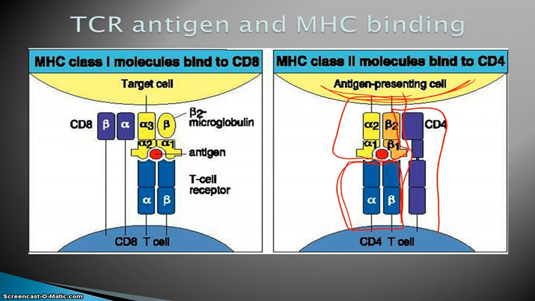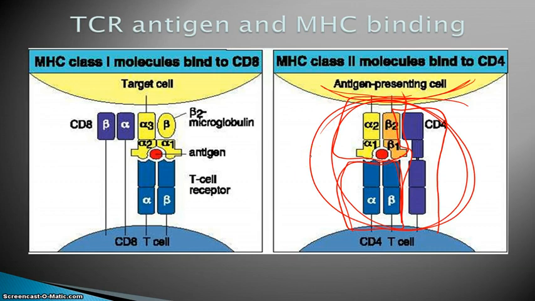So when these two cells want to have a conversation, when they want to talk about antigens and what this helper T cell should get excited about, these three receptors come together and make a binding complex. This antigen-presenting cell presents this antigen to the helper T cell. If this is something that this helper T cell recognizes, then this CD4 cell will become activated. It'll go on to activate B cells.